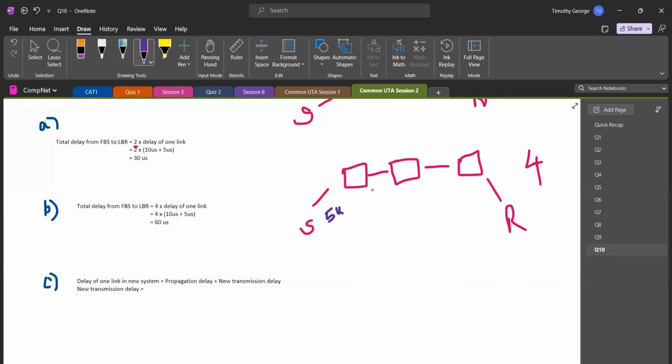In the second link, you're only going to send 128, because switch 1 will not wait for all 5K to come. It gets 128, it sends it. Switch 2 also will do the same thing, only 128 is going to pass. Switch 3 also gets 128.